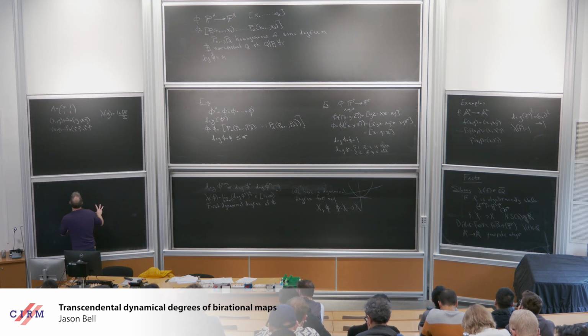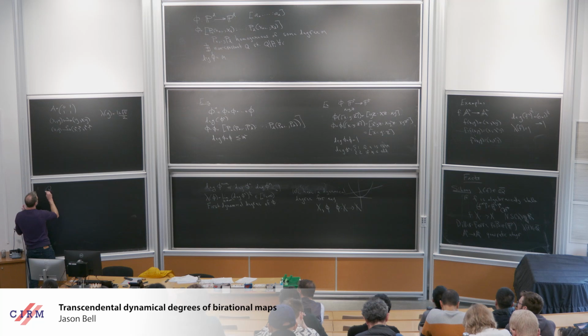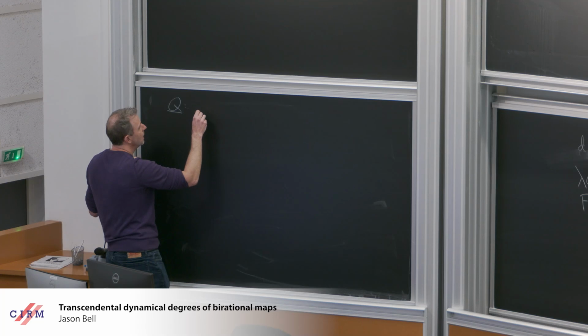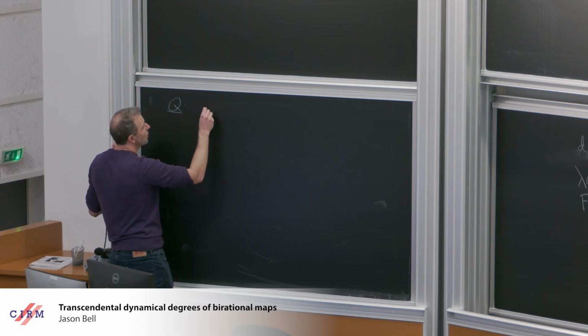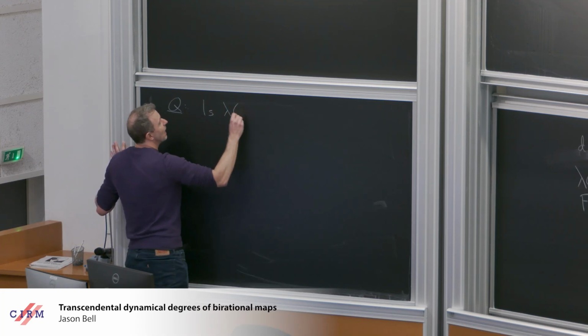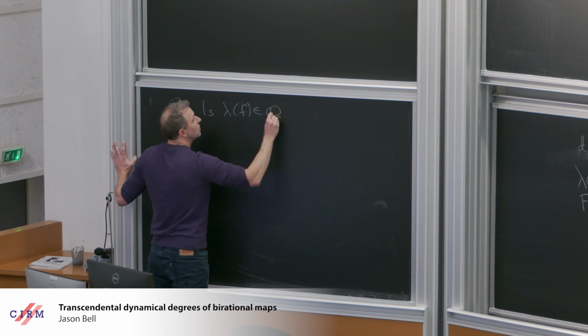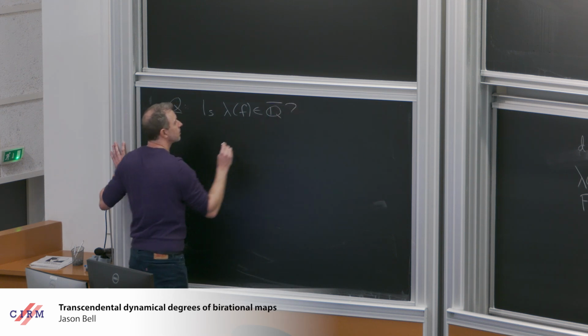So the original motivating question, I was really sort of in the right place at the right time to do this. It wasn't something on my radar. But the original question was, is lambda f always an algebraic integer?